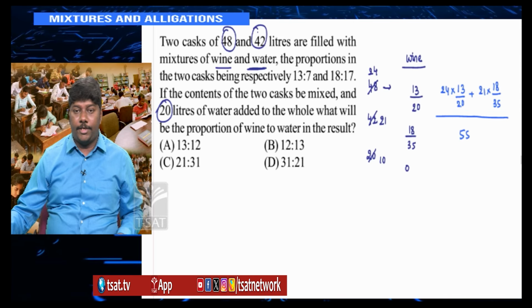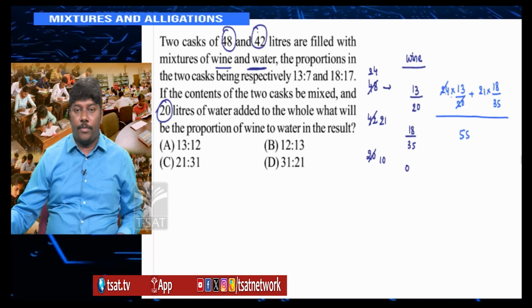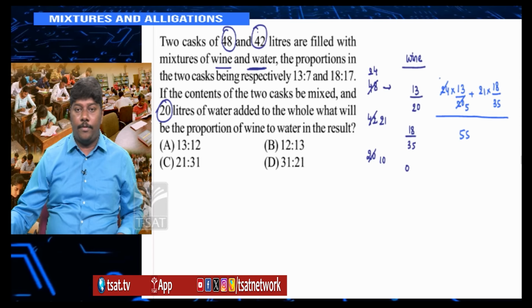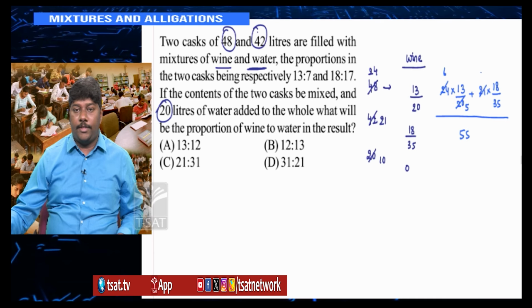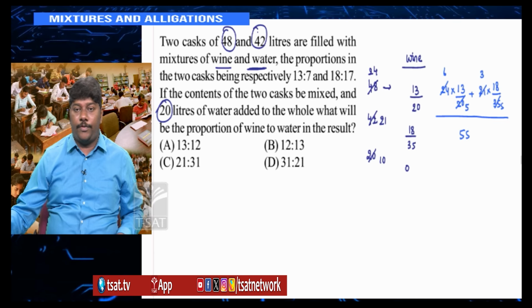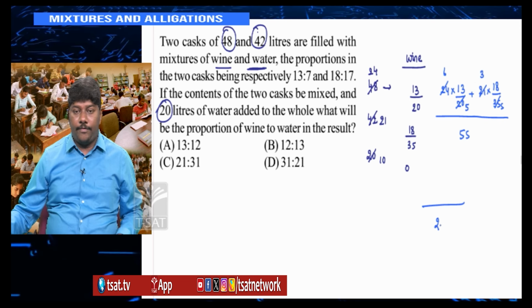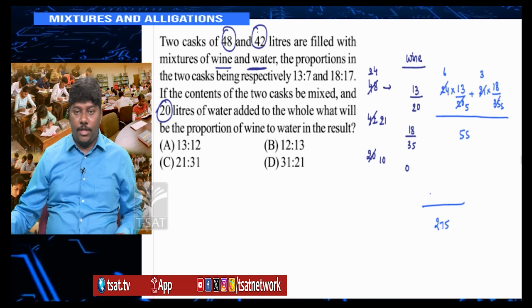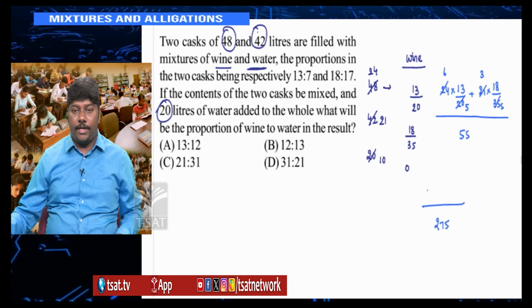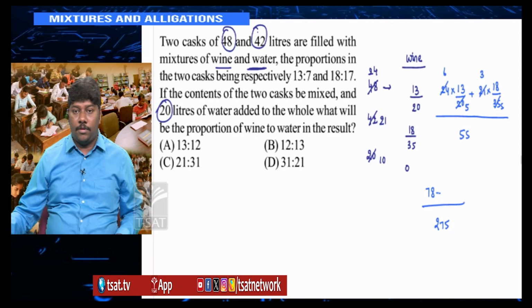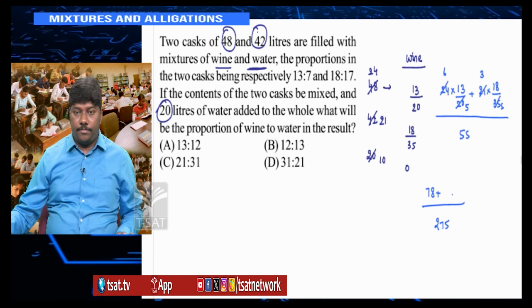Make it simple by taking 5 common, so 5 comes down. 55 into 5 is 275. In the numerator, you are going to get 13 into 6, 78, plus 18 into 3, 54.